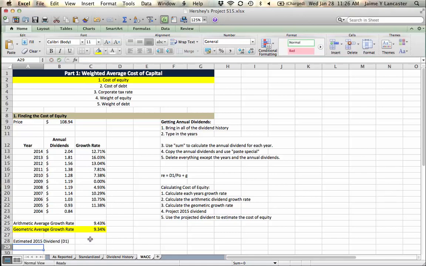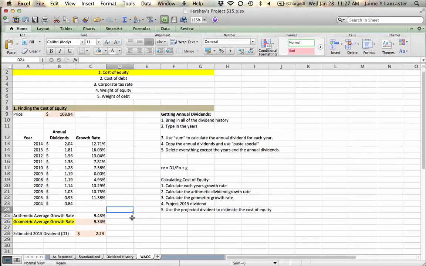What we'll say is if the dividends are growing at about 9.34% per year, we'll think that there will be a dividend of at least $2.04, but it's going to grow multiplied by 1 plus the growth rate, just like we would use in future value problems. So we think that next year we're going to get a dividend somewhere around $2.23. Now we have everything that we need. We have the price, we have the geometric average growth rate, and we have next year's dividend. Those are the pieces of the puzzle that we need to calculate the cost of equity.